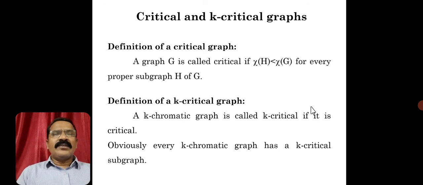A graph G is called critical if the chromatic number of H, where H is a subgraph of the graph G, is less than the chromatic number of the graph, for every proper subgraph H of G. Suppose G is a graph, and if you consider any proper subgraph of G and find the chromatic number of H, it should always be less than the chromatic number of the graph.